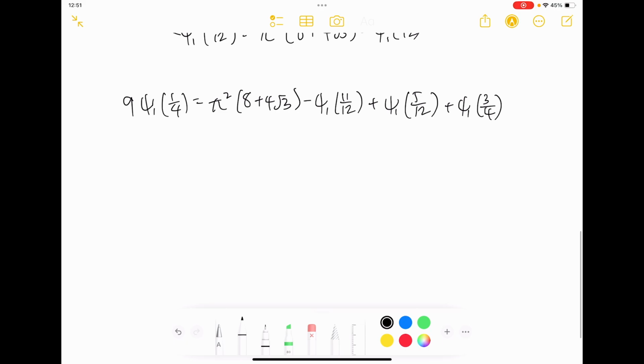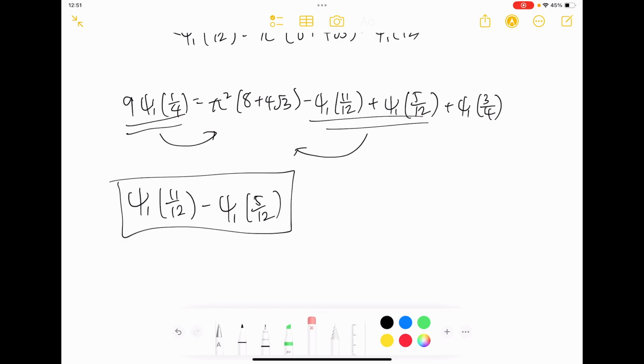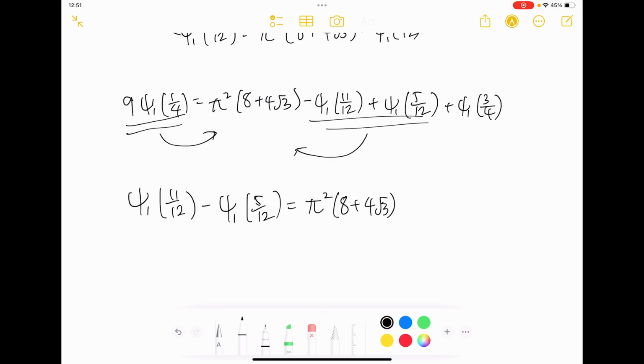Yes. And that means if we rearrange this whole thing, moving these two to the left and moving this to the right, we are going to get psi 1 of 11/12 minus psi 1 of 5/12, which is what we want within K1, because that's what we have within K1, equals pi squared times 8 plus 4 root 3 plus psi 1 of 3/4 minus 9 times psi 1 of a quarter.